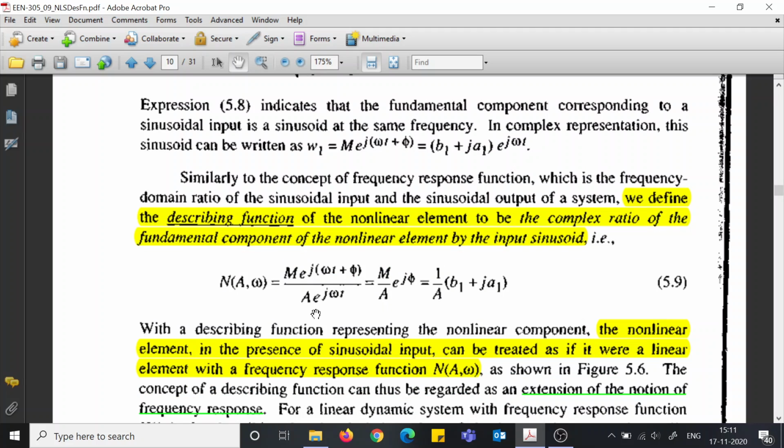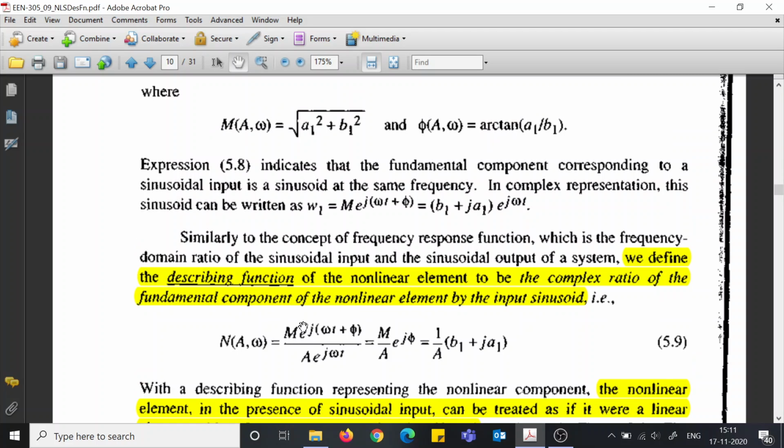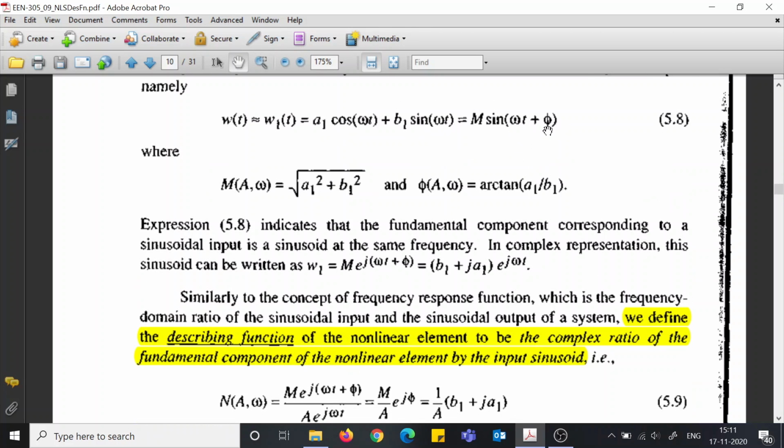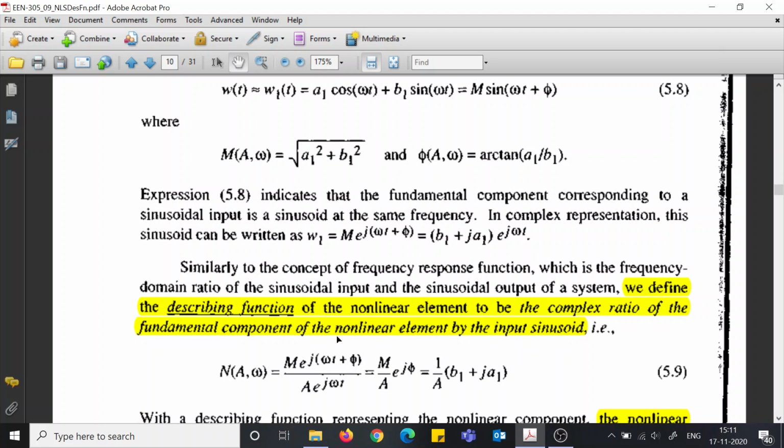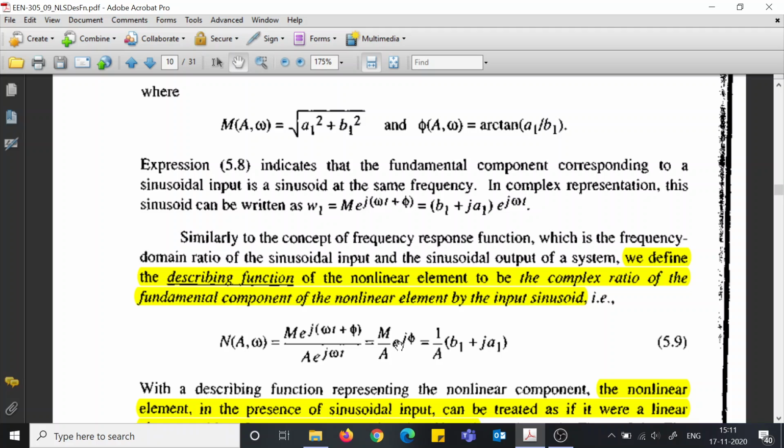The output signal is M e to the power of j(omega t plus phi), so M sin(omega t plus phi). So it is written as M e to the power of j(omega t plus phi) by A e to the power of j omega t, and that gives you M by A e to the power of j phi.